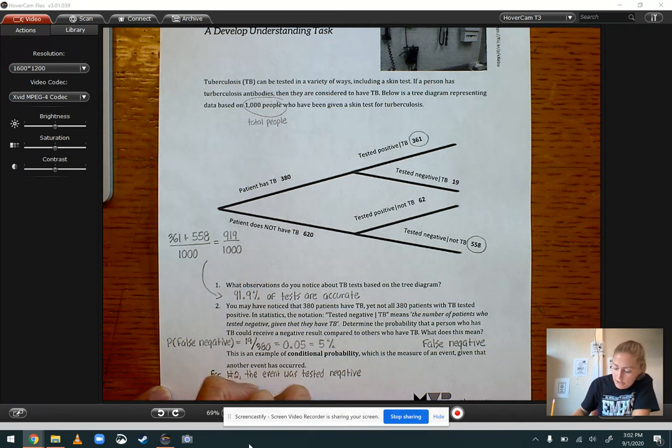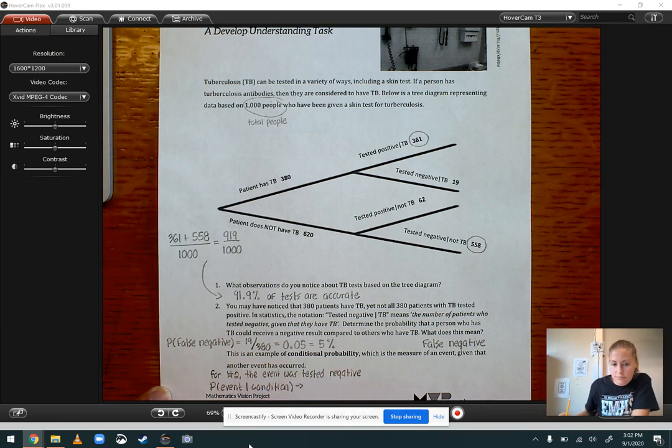So we take the probability of an event given the condition. So in our case, the probability of testing negative given TB, and we can find that by taking the event and dividing it by the condition.